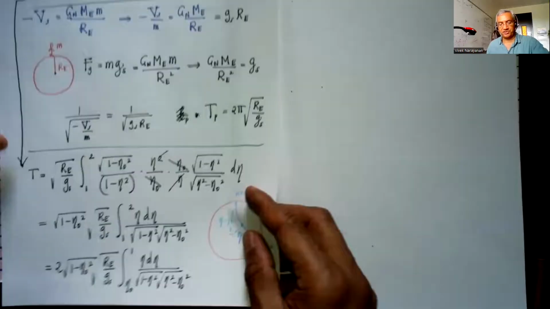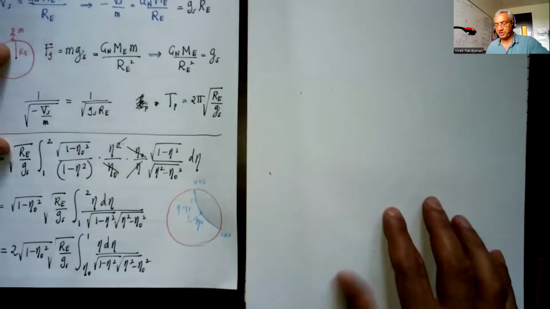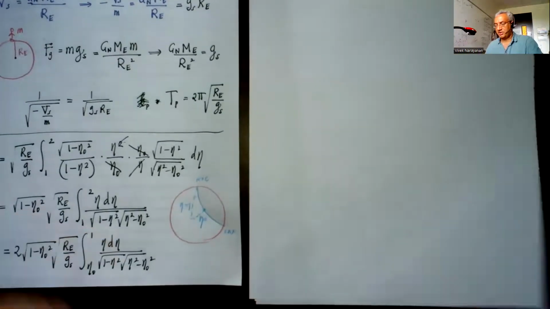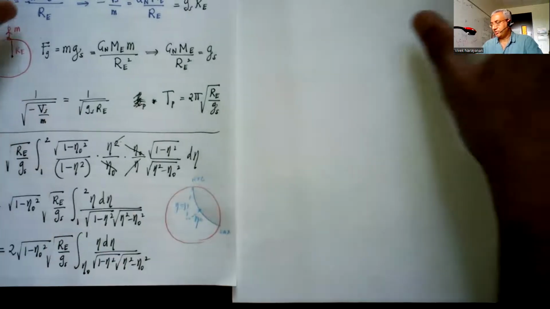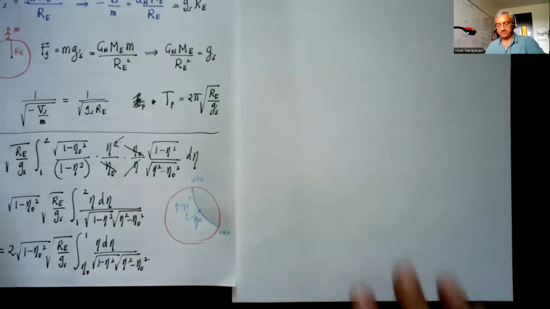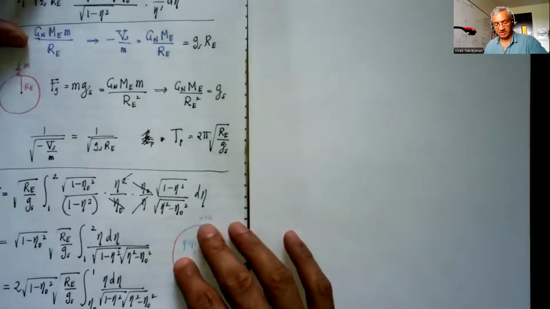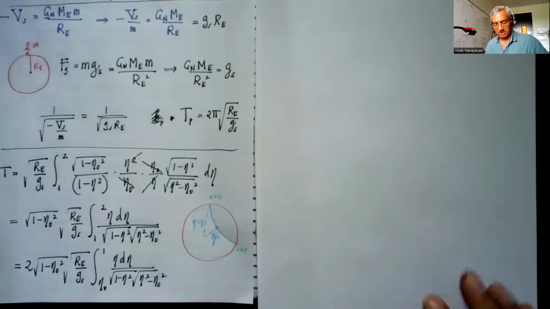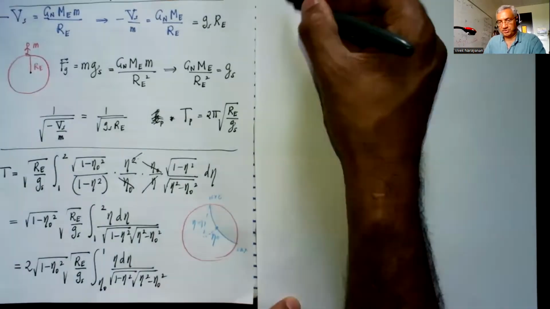It looks like an elliptic integral. It's not. It's pretty elementary. If you did not have the eta in the numerator, it would be elliptic. But because of the eta in the numerator, a simple u substitution should do the trick. So we'll actually solve it with a couple of substitutions, 2 substitutions, one after the other. So that's our integral we need to solve. So substitution number 1.